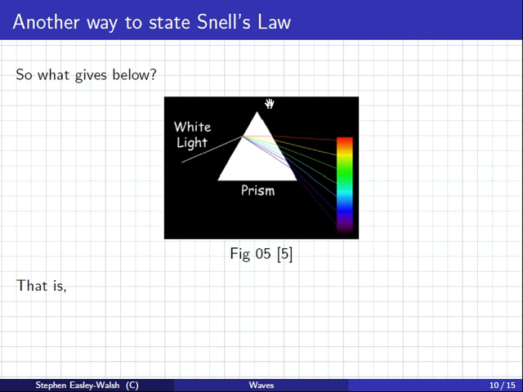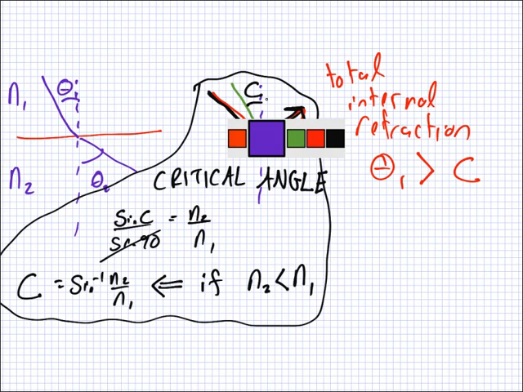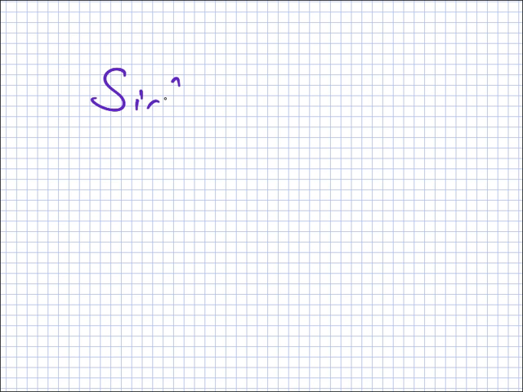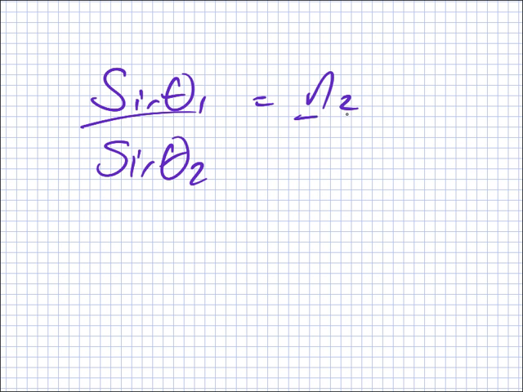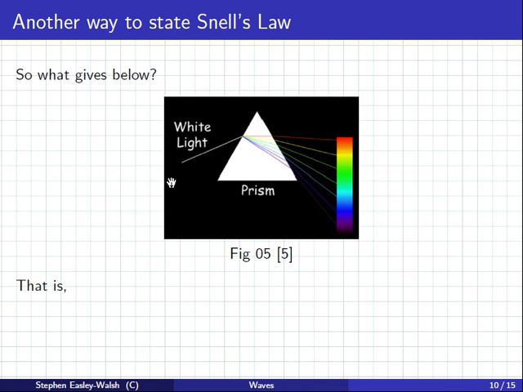So what gives below? If you look at this picture here, according to Snell's formula earlier, if you remember, sine theta 1 over sine theta 2 equals n2 over n1. What is the n1 here? It's the air. And what's the n2?